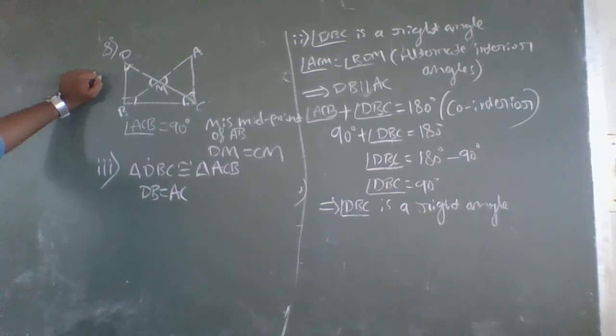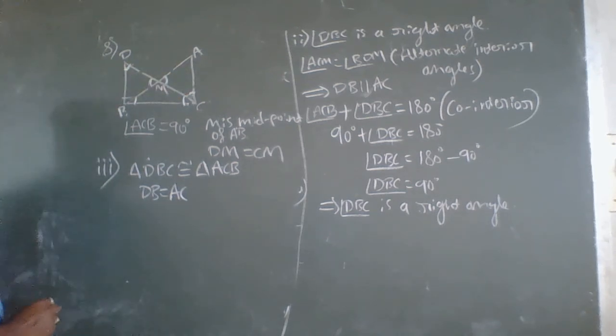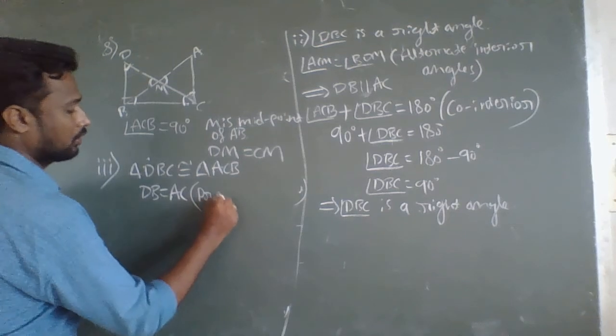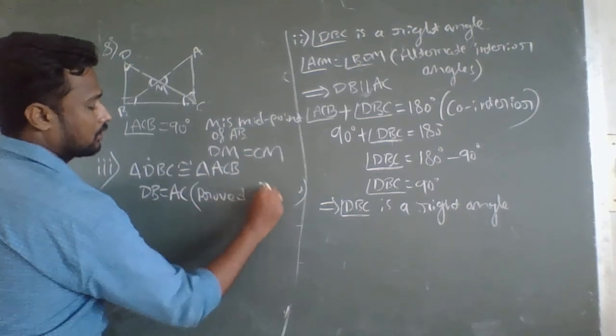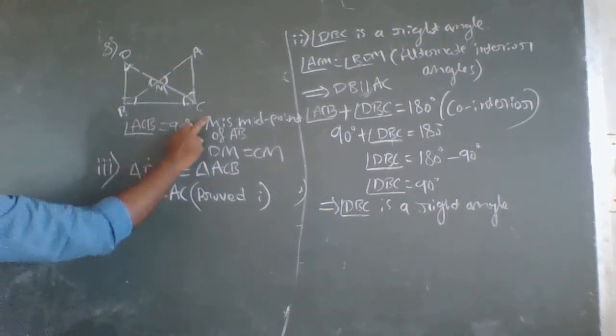In the 8th question, first problem, we have written AC is equal to BD because these are corresponding parts of congruent triangles. Therefore, this is proved in the first problem of the 8th question. DB is equal to AC. Next, I will write angle DBC is equal to angle ACB.